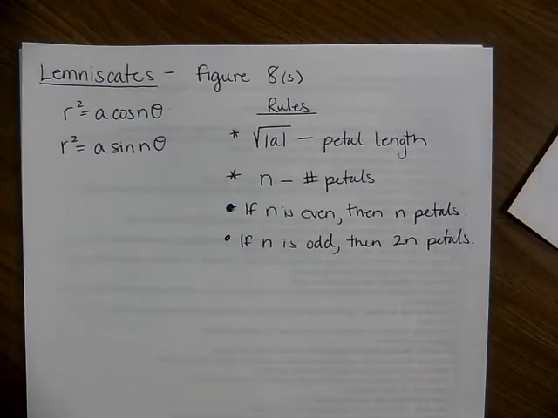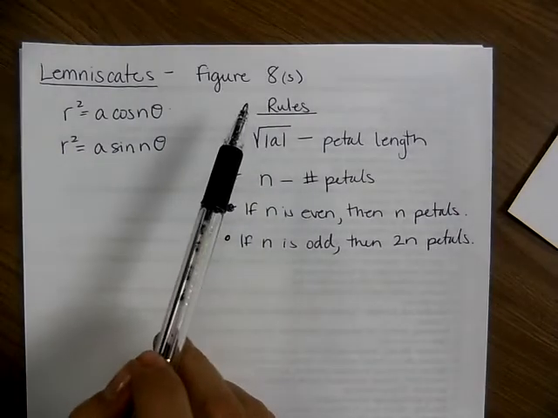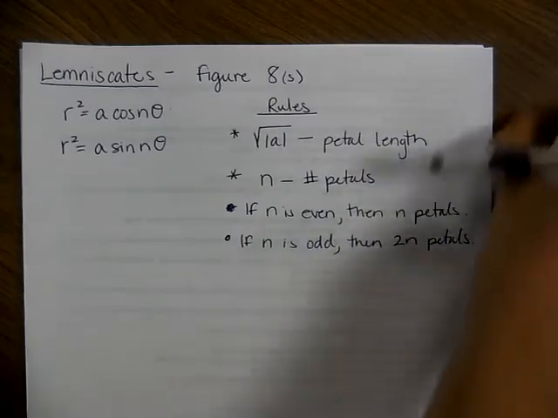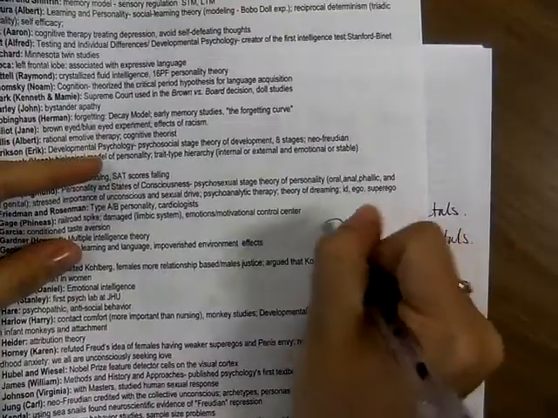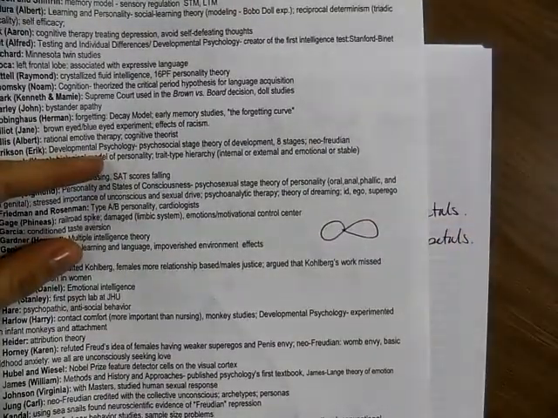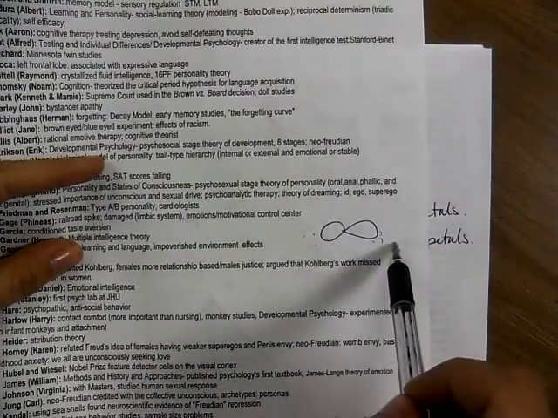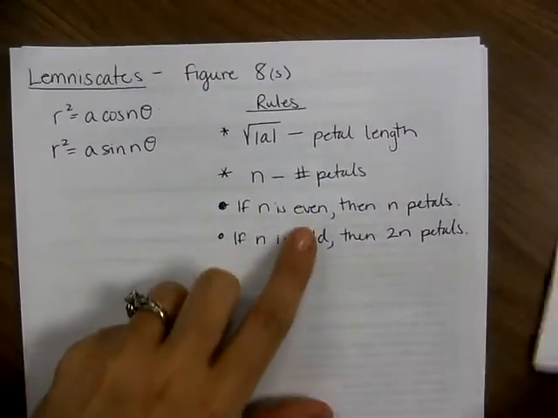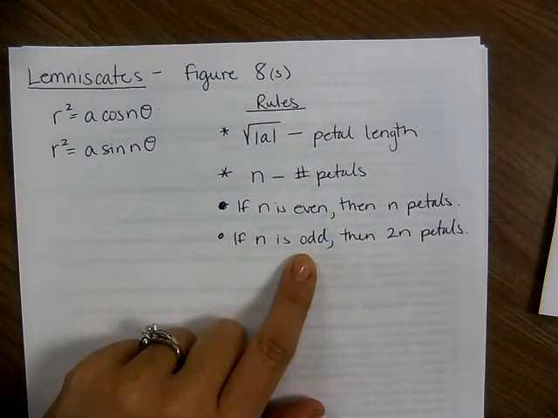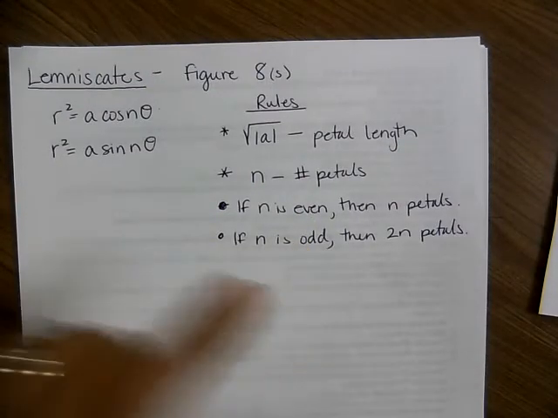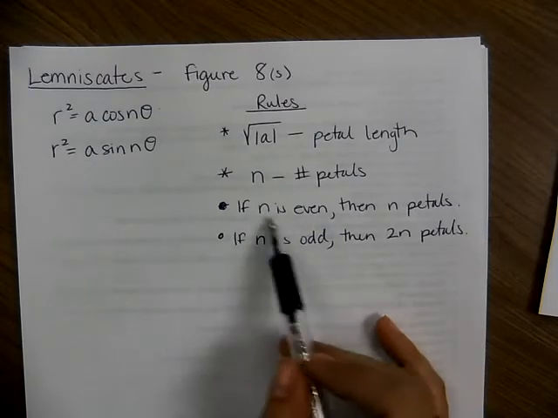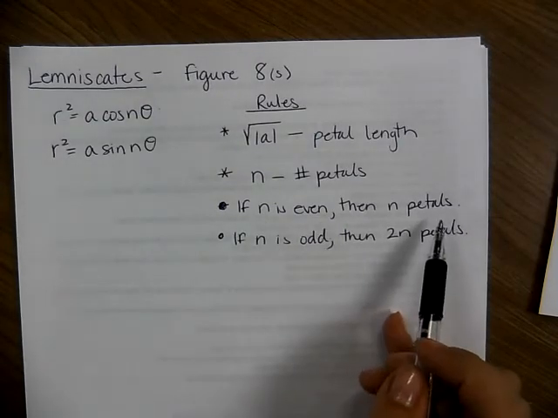You can keep this straight if you remember this. These are figure eights, right? Imagine what a figure eight looks like. Every figure eight forms how many petals? 2. So don't we always have to have an even number of petals then? So that's how you can keep this rule straight. If it's even, then you're good to go.